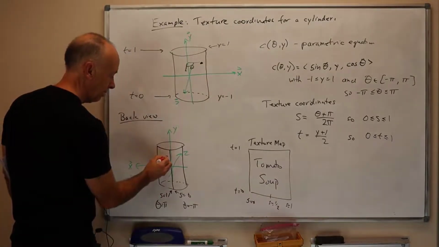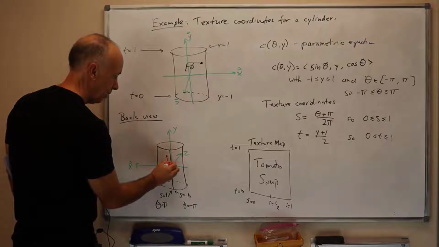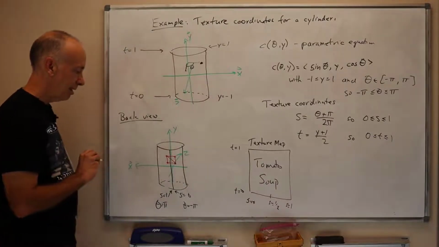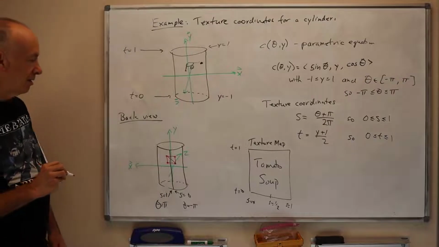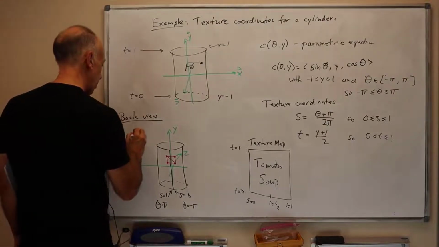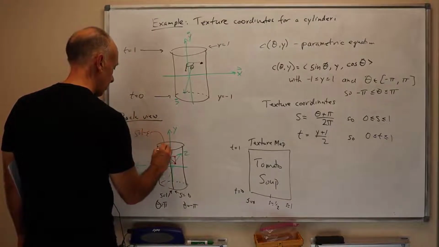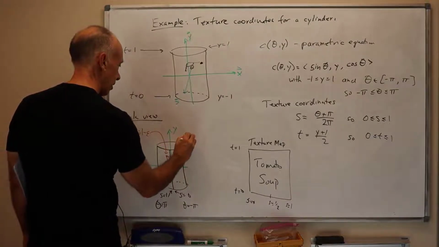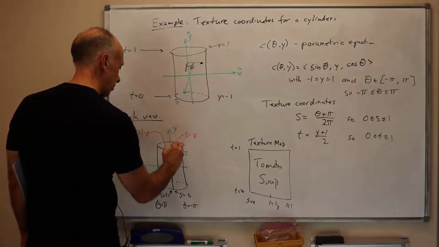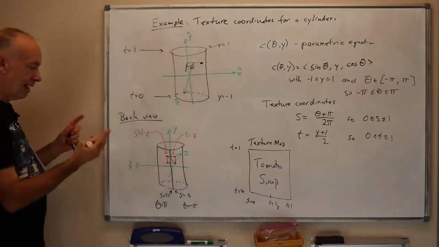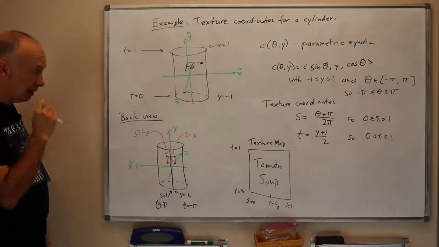Suppose we're trying to render, say, a pair of triangles that go across the seam in the cylinder. So here we would have s equals 1 minus epsilon, and here we would have s equals epsilon. Suppose we've gone angle epsilon away from the back on both sides.